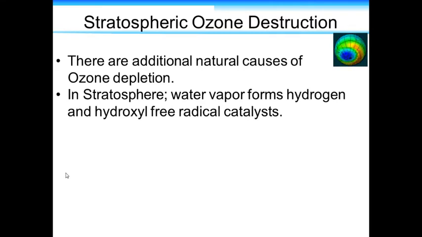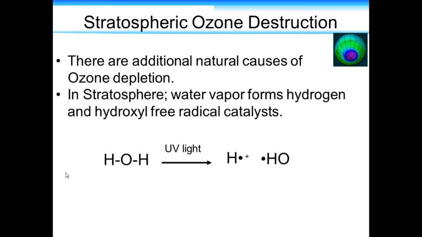Water vapor, if hit by light, can form these hydrogen and hydroxyl free radical catalysts. Now let's try to explain what that long statement means. A radical is essentially an atom that does not meet our octet rule in Lewis structures.